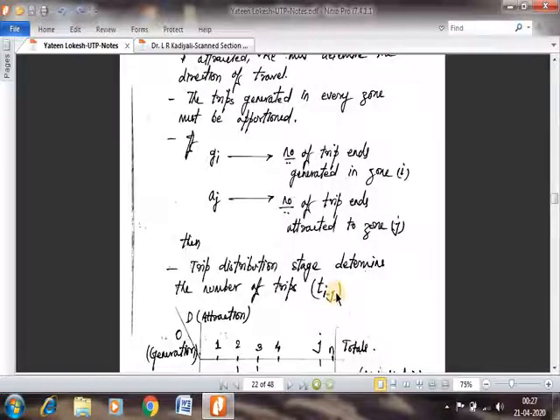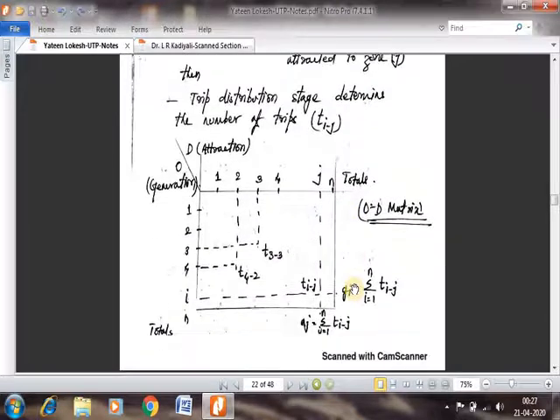Now if I try to represent this process in the form of a matrix, it would look somewhat like this. Along the y-axis we have the trips generated or the generation zones, represented as zone 1, zone 2, zone 3, zone 4, going on till zone i.